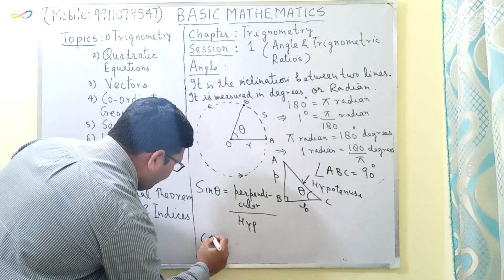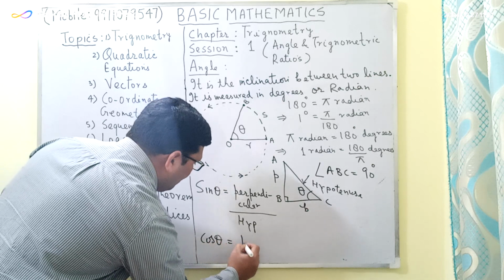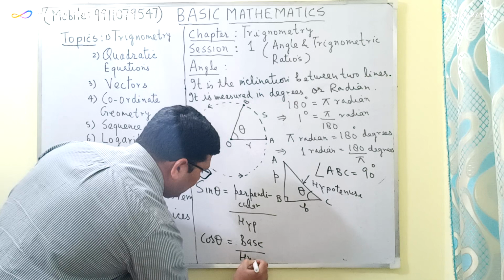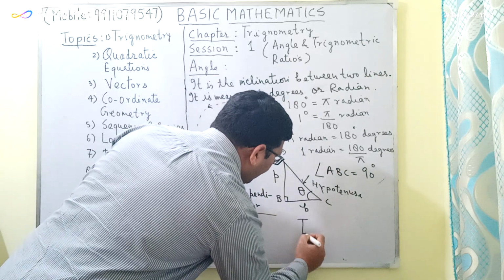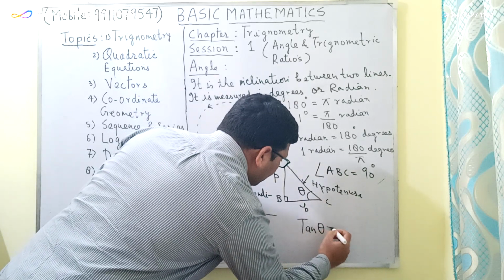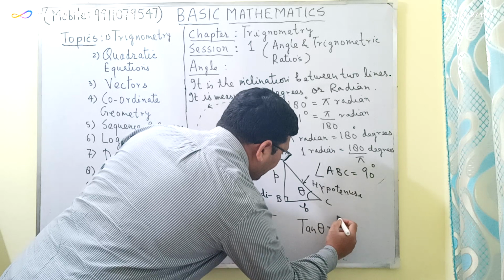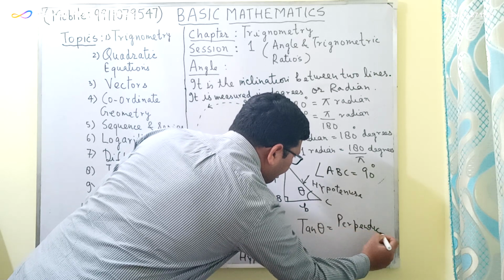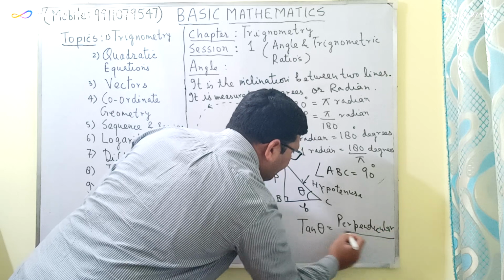Then cos theta is equal to base upon hypotenuse. And there is one more trigonometric function, which is tan theta, which is equal to perpendicular upon base.